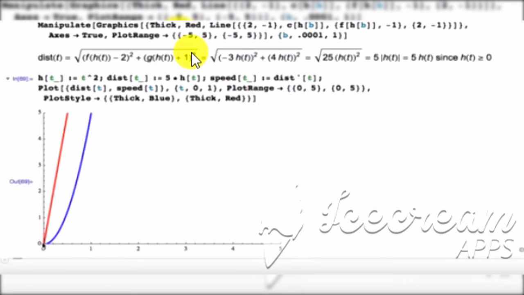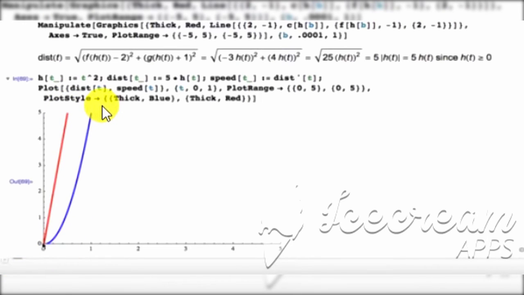Since 5 h of t is greater than or equal to 0, your distance is 5 times h of t. That means, like in the graph you can see, the distance is increasing more rapidly than the speed.